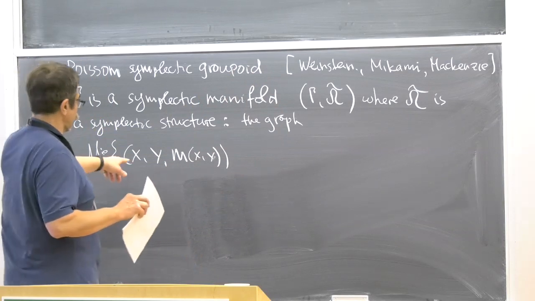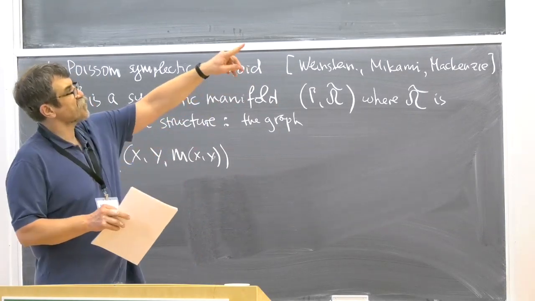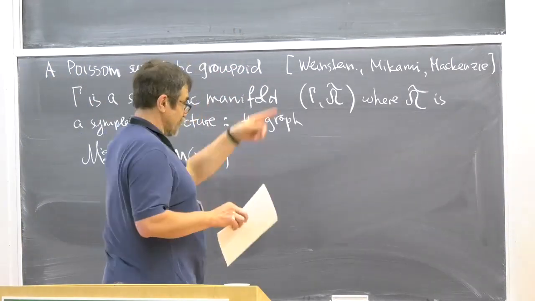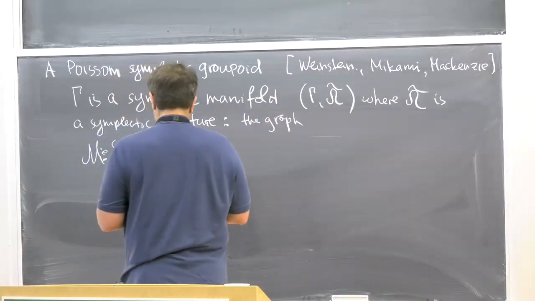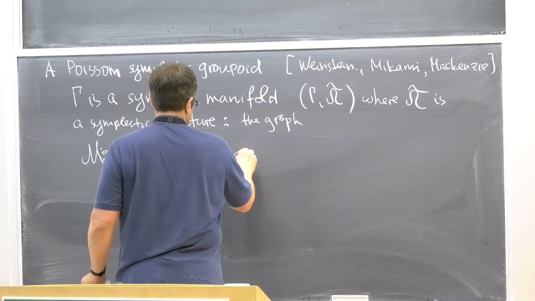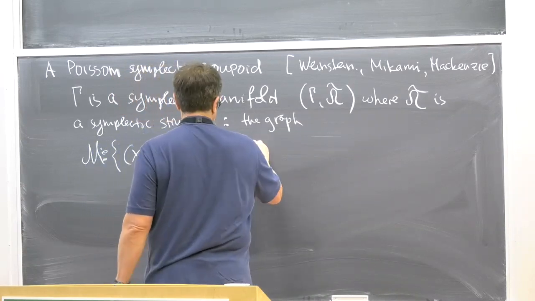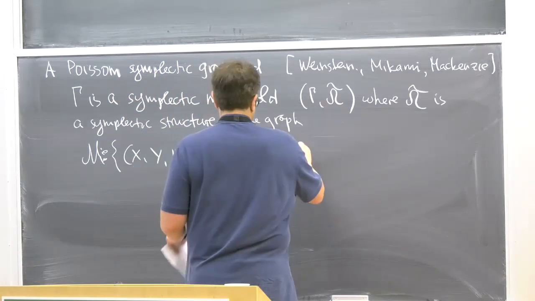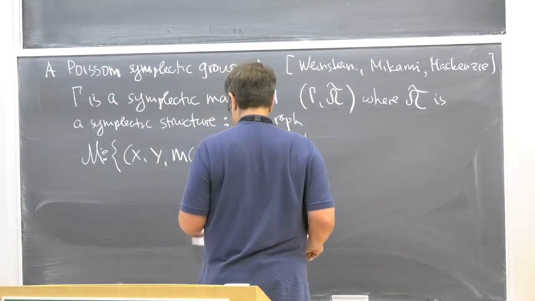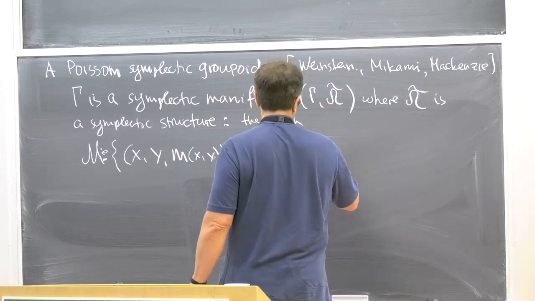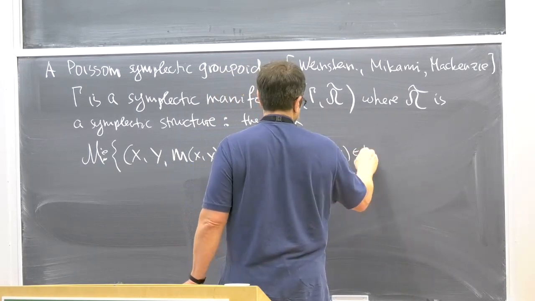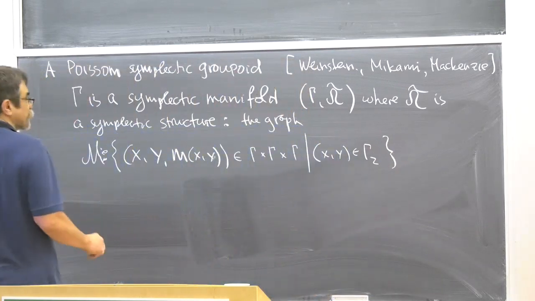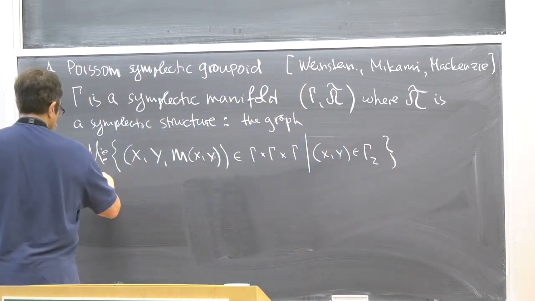We can always think about them as the corresponding pairs in the definition of the groupoid, and this belongs to the direct product of Gamma, Gamma, and Gamma, where, of course, this pair X, Y belongs to Gamma_2 of the graph of multiplication.